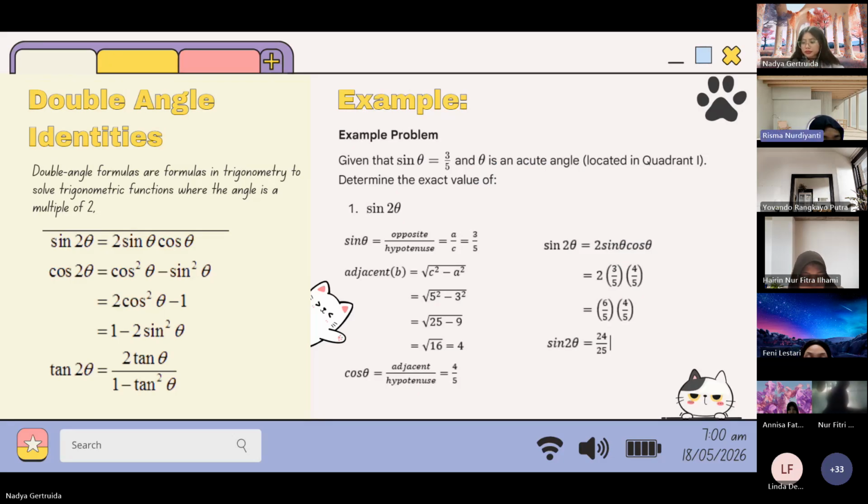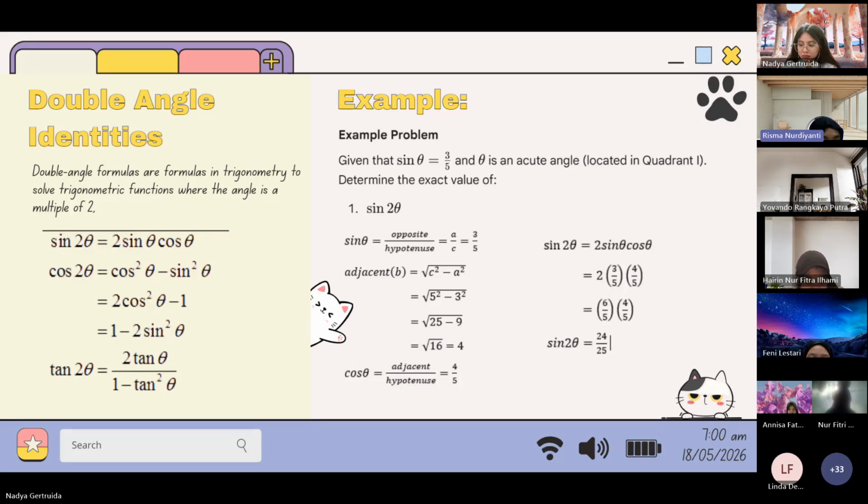Okay, next is the double angle identity. Double angle formulas are trigonometric formulas used when the angle is multiplied by 2. First identity is sine 2 theta equals 2 sine theta times cosine theta. Second, cosine 2 theta equals cosine square theta minus sine square theta.